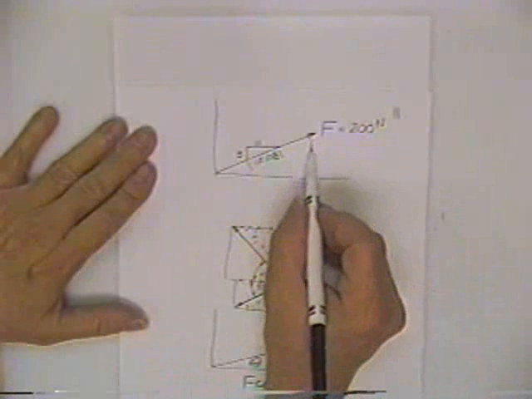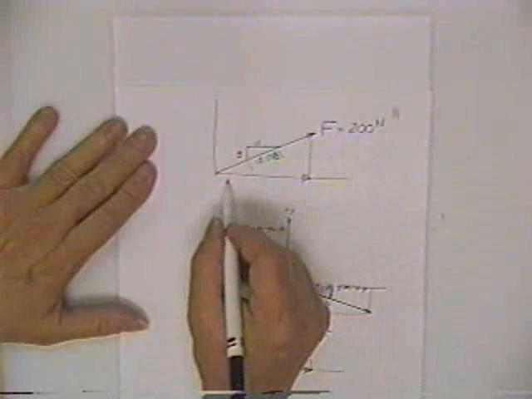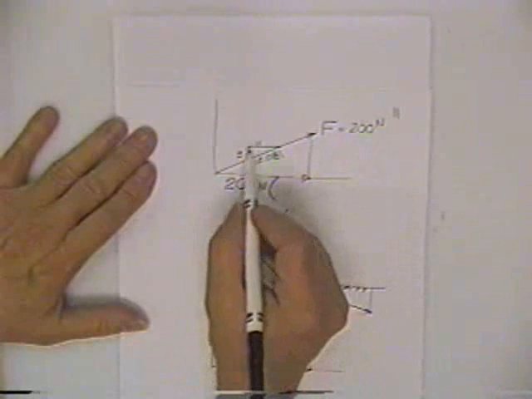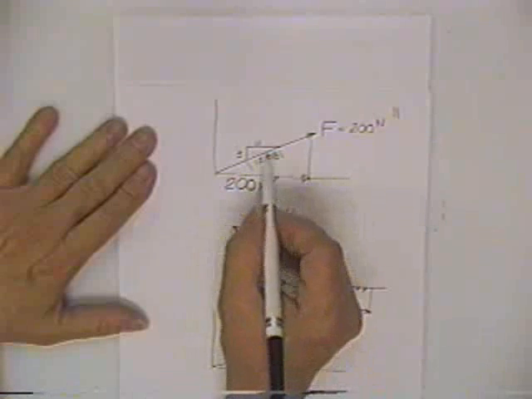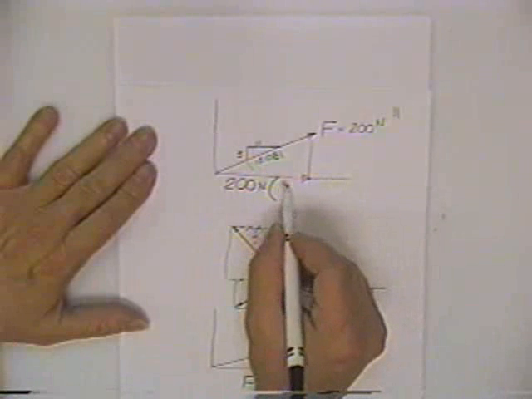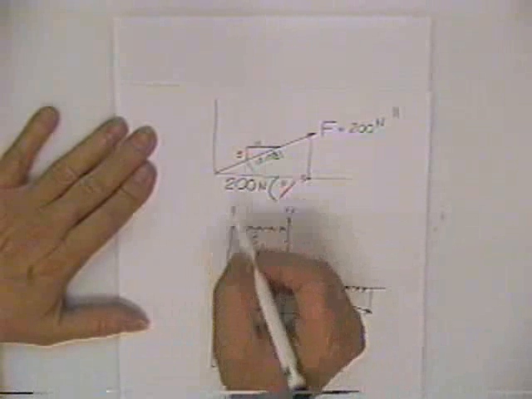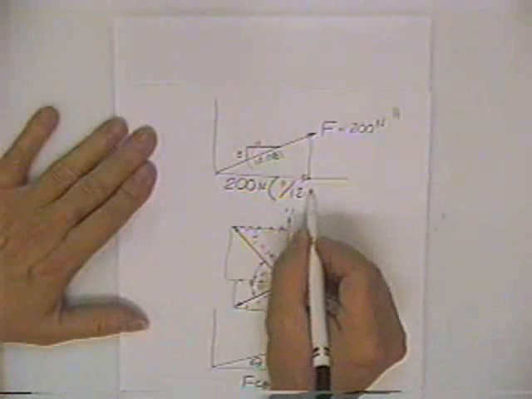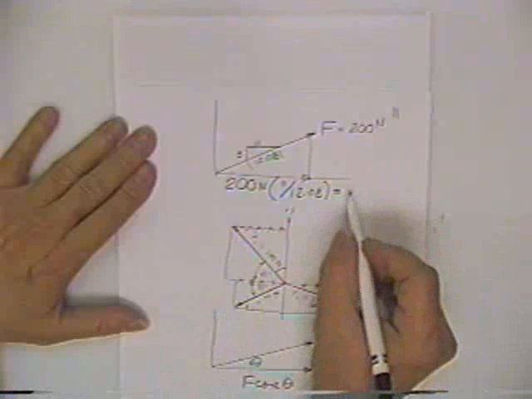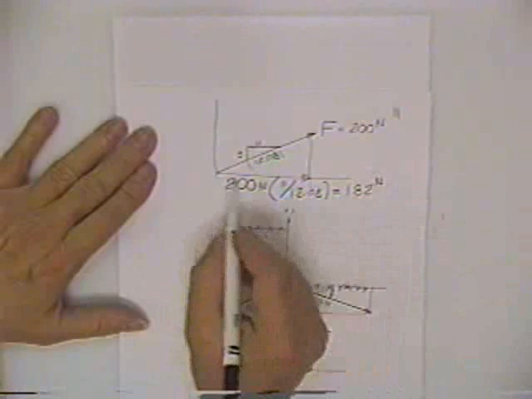And I can tell you now that the horizontal component of this 200 Newton force is the original force, 200 newtons, multiplied times, to get the horizontal component, I take the horizontal side of the angle, that's 11, divided by the whole, the hypotenuse, the 12.08, and that gives me the horizontal component equal to 182.1. 182 newtons, which looks about right.